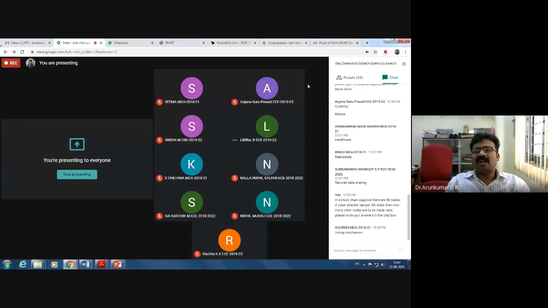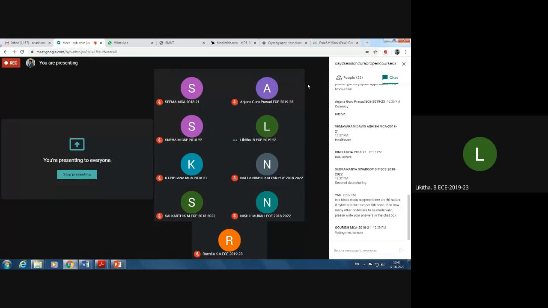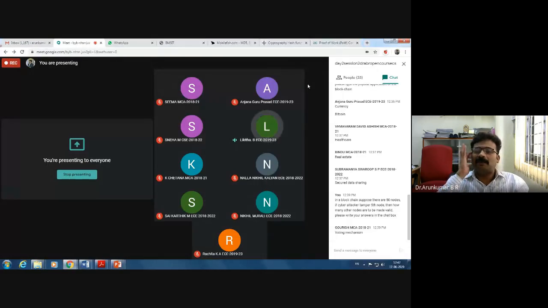Yes, sir. Can you understand this problem? So what is this problem? Can you please explain this problem? In a blockchain, suppose there are 50 nodes. The problem, can you please explain and give the answer?